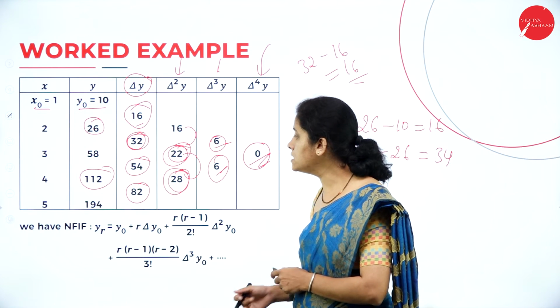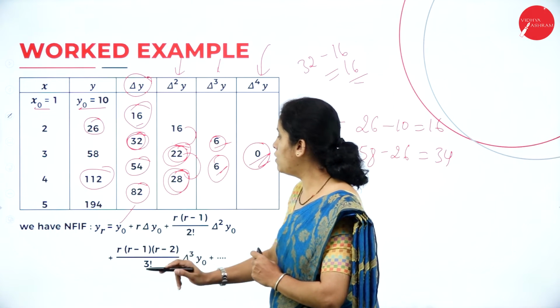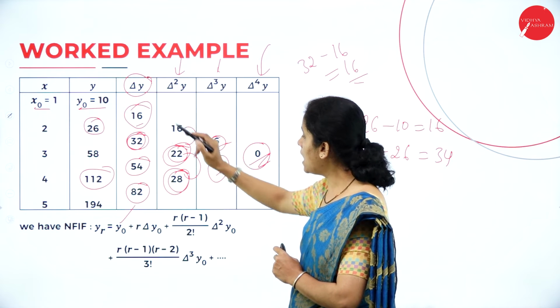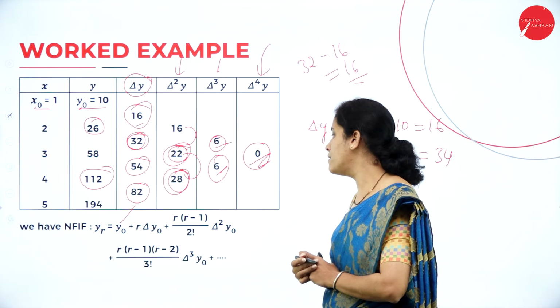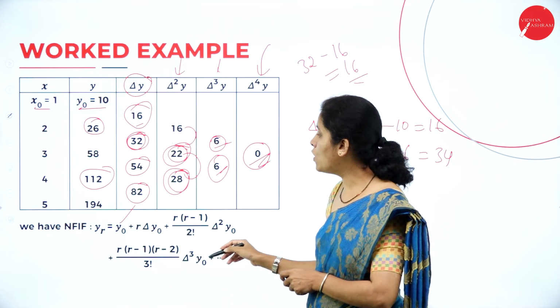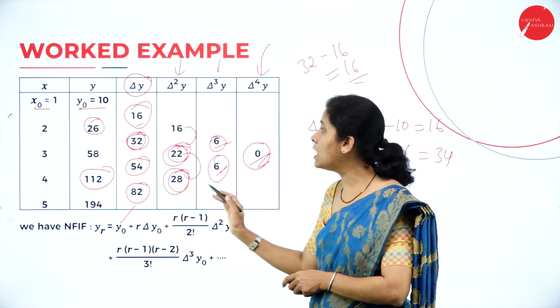Now, what are the things I want to find out? I have y naught, I have delta y naught, delta square y naught, and delta cube y naught. But what I want to find here is r.